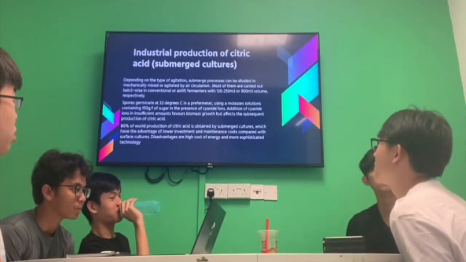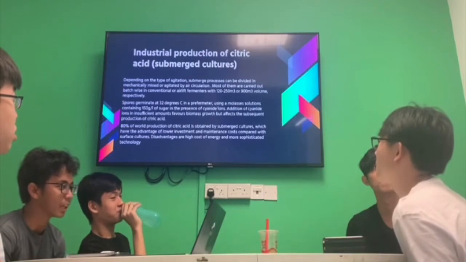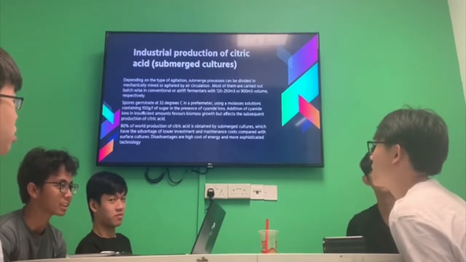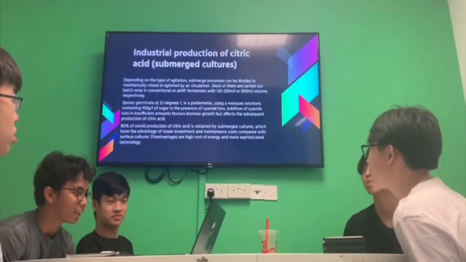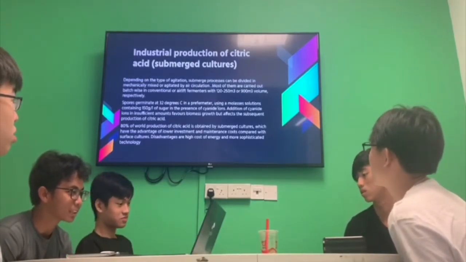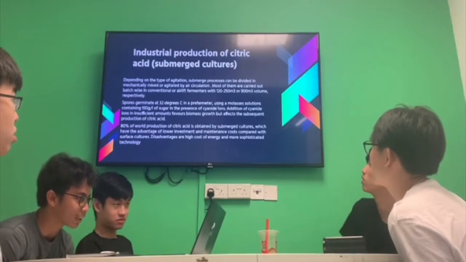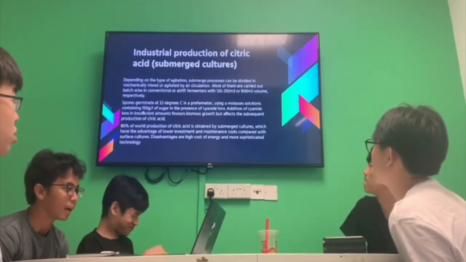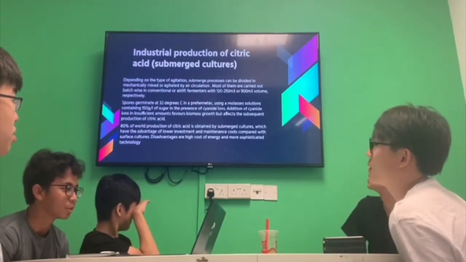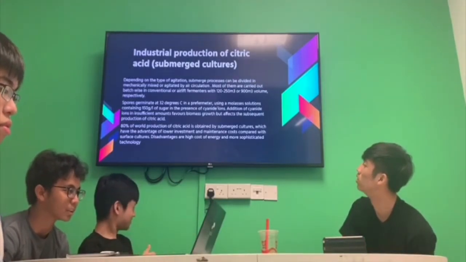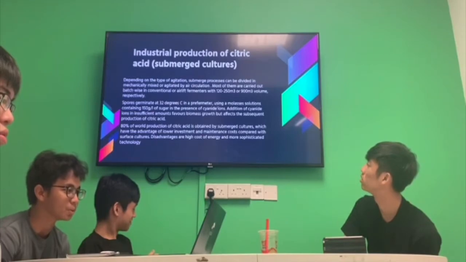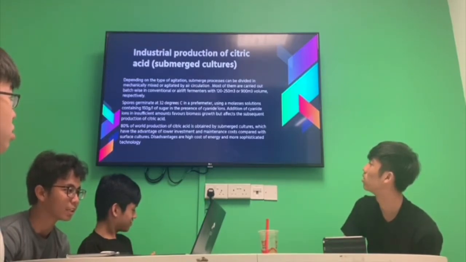Following that, we're going to be talking about the industrial production of citric acid using submerged cultures. Depending on the type of agitation, submerged processes can be divided into mechanically mixed or agitated by air circulation. Most of them are carried out batch-wise in conventional or airlift fermenters with 120 to 250 meter cube or 900 meter cube volume respectively.